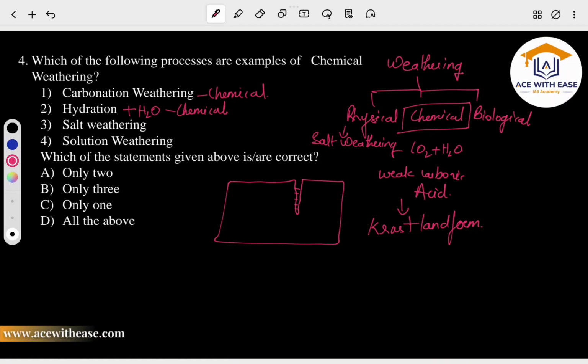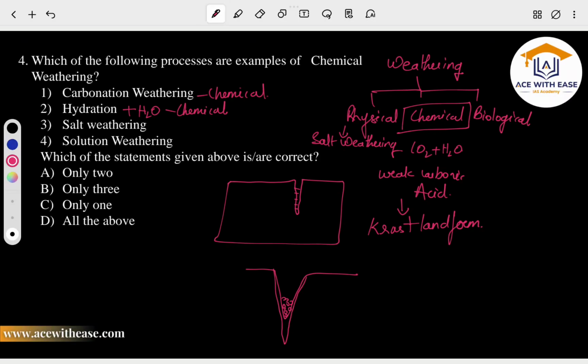During the summer period, the water evaporates, leaving behind the salts. Again, in the rainy season these salts dissolve in water and the crack expands. And then finally, the whole rock disintegrates.